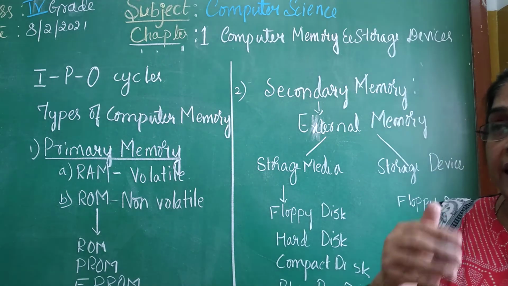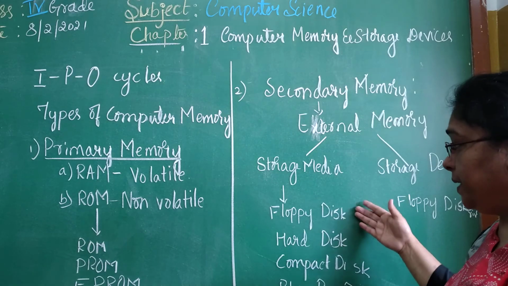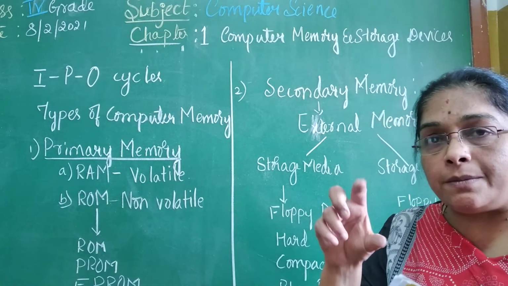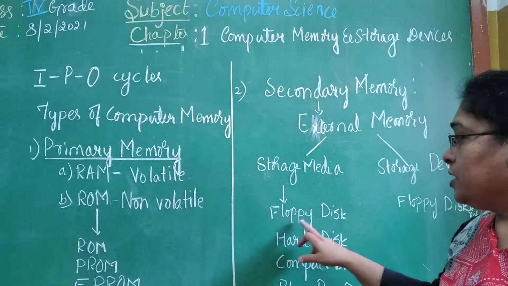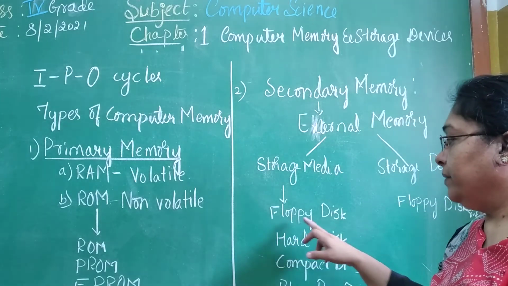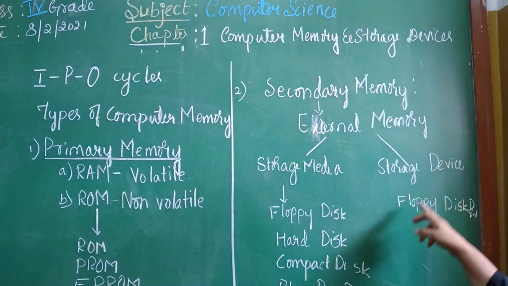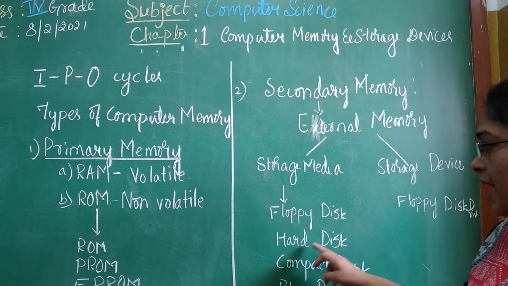Now children, let's see the other storage media. That is the floppy disk. In olden days, there was a small magnetic thing which we used to store data in. That is the floppy disk. For that floppy disk, we need a device called a floppy disk drive. Like that, there is the hard disk.